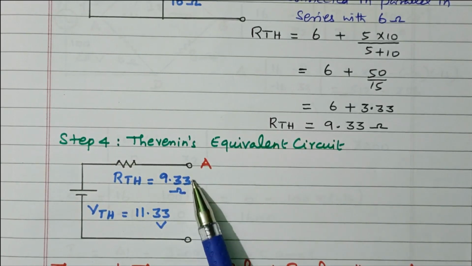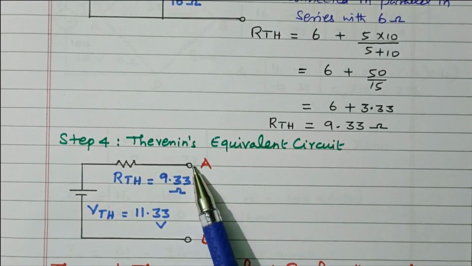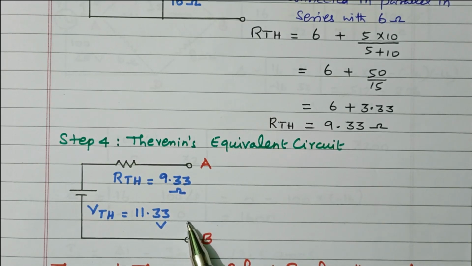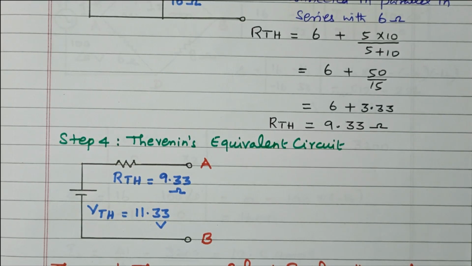Here the load resistor is not available, and the load current is also not asked. We only need to draw the Thevenin equivalent circuit. So in this given problem, we found the Thevenin equivalent circuit, that is V Thevenin connected in series with R Thevenin. V Thevenin is the calculated open circuit voltage across AB. R Thevenin is the resistance across AB by removing all the voltage sources.